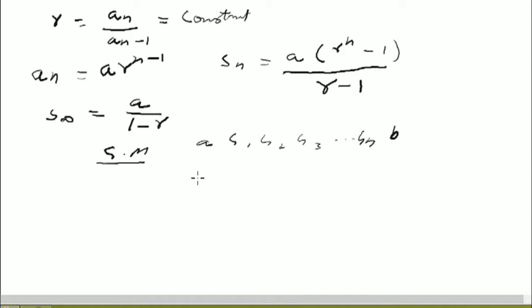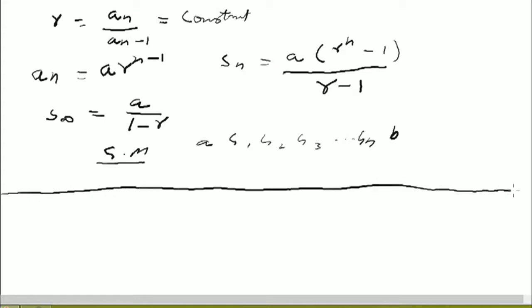So we have inserted n GMs between a and b, so the series is going to be in GP. So a, G1, G2, G3 up to Gn and b is a series which is in GP. We apply the basic concept, we will get the value of the GMs or other unknown thing which we have to find in the question.